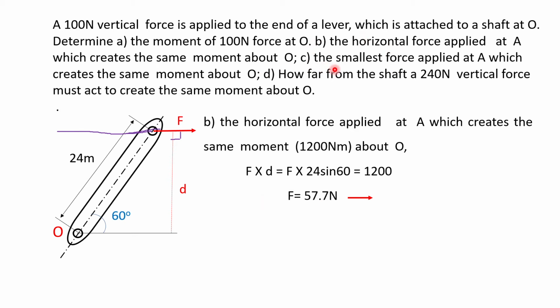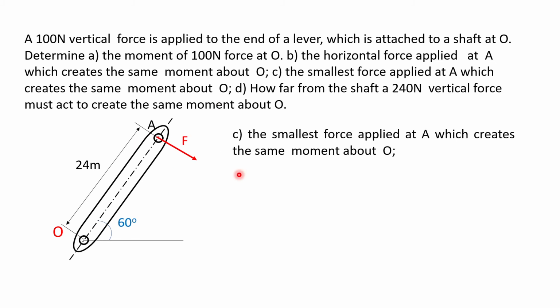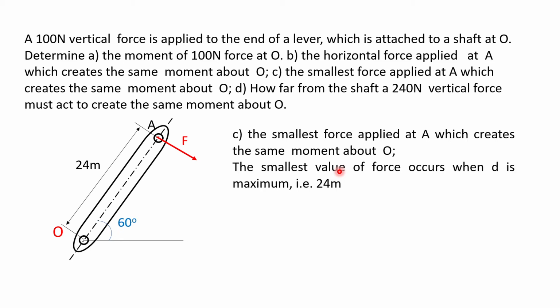Now coming to part C, the smallest force applied at A which creates the same moment about O. This is a very beautiful part to visualize. In this case the value of the moment is the same, that is 1200 Newton meter, but we have to find the value of the force which creates the same moment.